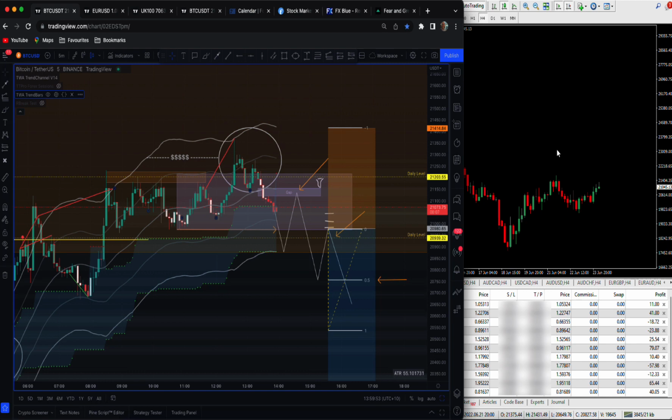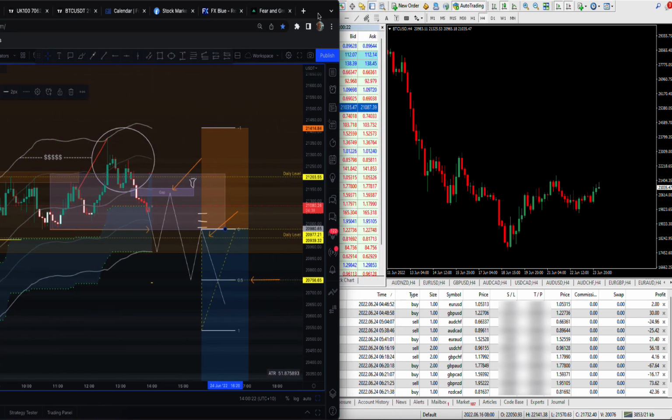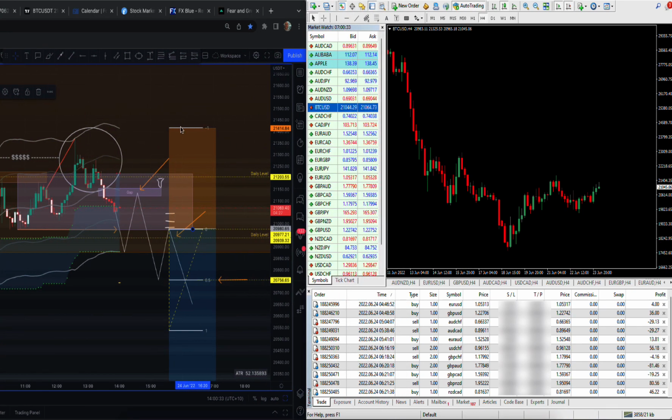But I'll be trading on MT4. If that's my setup, I'll map it out in TradingView. If I pull a line through here, I can see there's my TP1, my entry, and my stop loss.